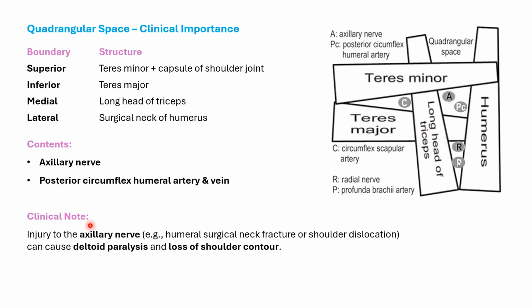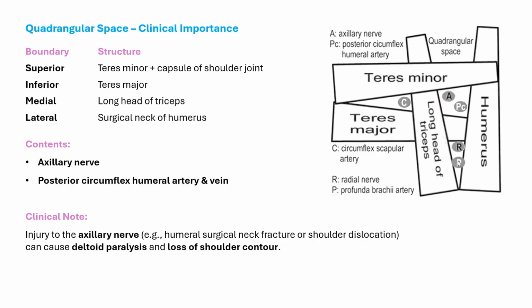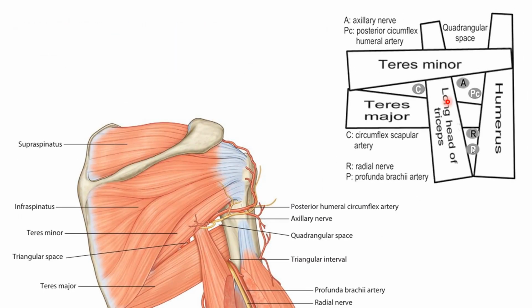And there is a clinical note. Injury to the axillary nerve, this is the axillary nerve, during humeral surgical neck fracture or shoulder dislocation can cause deltoid paralysis and loss of shoulder contour. Okay, you can see this is the quadrangular space and these are the two structures: the posterior humeral circumflex artery and also vein, and this is the nerve, the axillary nerve.